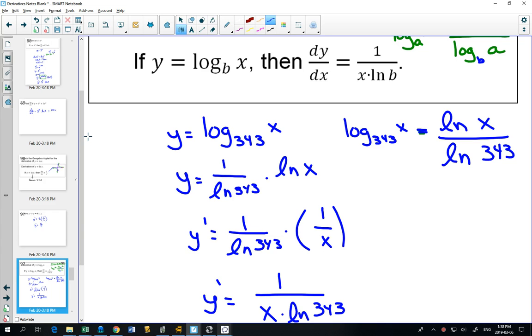It still has the 1 over x, but you have that natural log of b in your denominator. And this is the reason why. Now, you don't have to use the change of base theorem every time to do that. If you want to memorize this as another logarithm derivative, that's fine. However, if you know where something comes from, your chances of remembering it are better. So here the change of base theorem really helps.